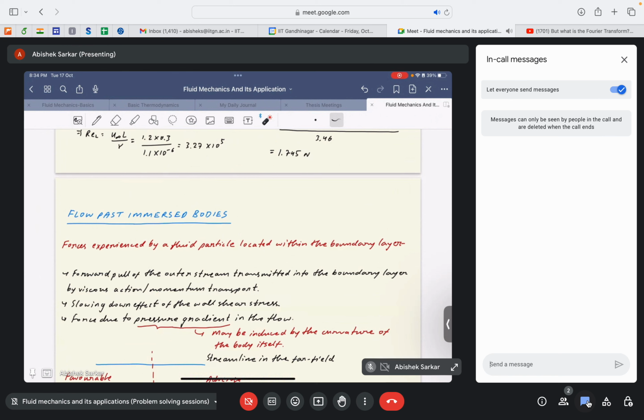Now, for the final part of this session and the course also, we'll discuss briefly flow separation, or flow past immersed bodies, and how the flow separation occurs in those cases.